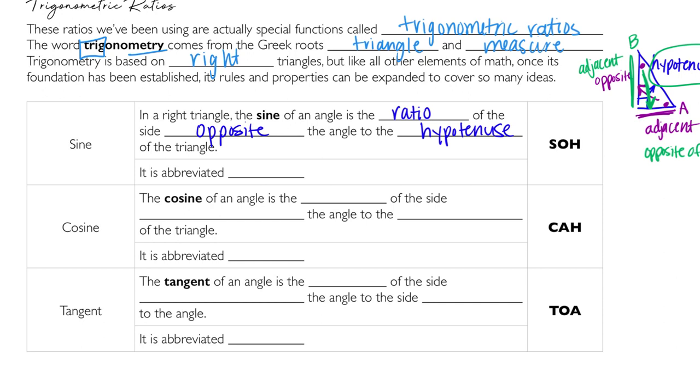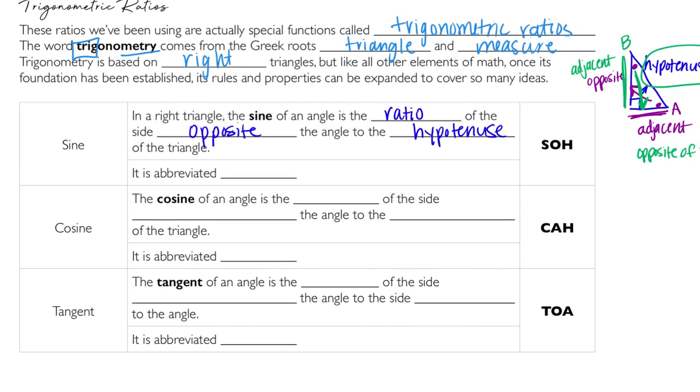And we abbreviate all of these trig ratios we're learning with the phrase SOHCAHTOA. SOH reminds us that sine is opposite over hypotenuse. Sine is abbreviated SIN, but you don't say sin, you say sine.